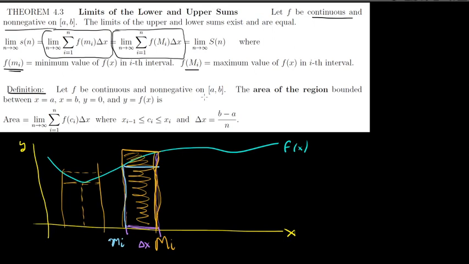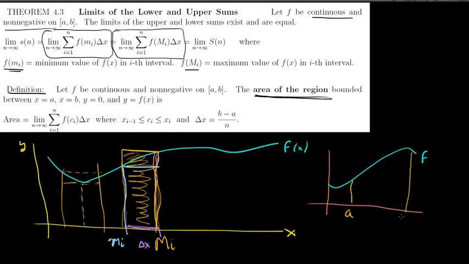You have a continuous non-negative function, like this function here, and the area of the region bounded between x equals a and x equals b. Let me see if I can draw that over here again. So that's going to look like this. Here's my function f, and this is my a here, and let's say way over here is my b.